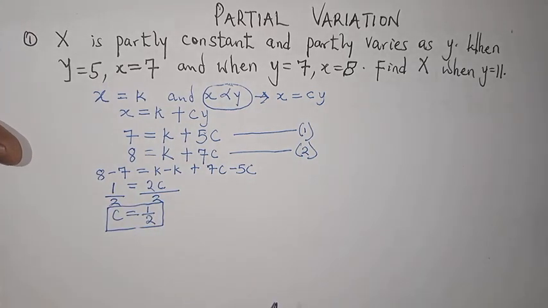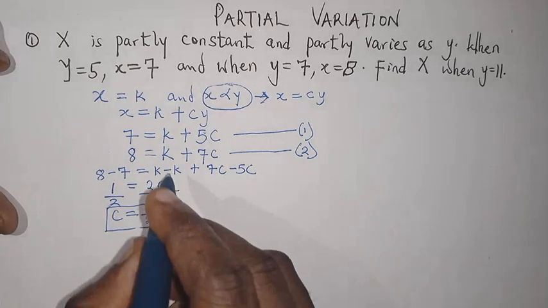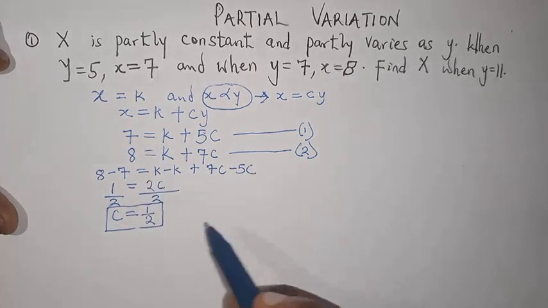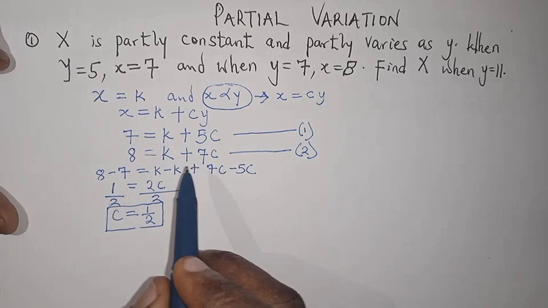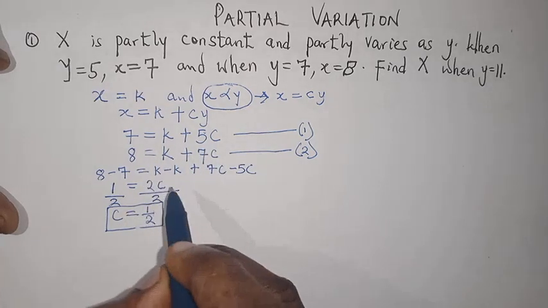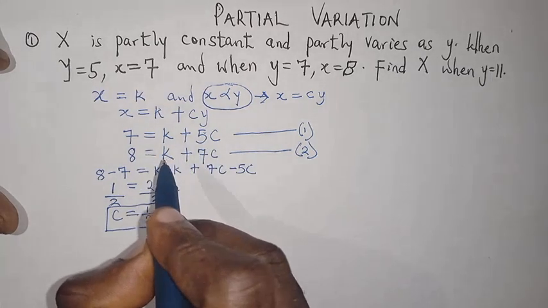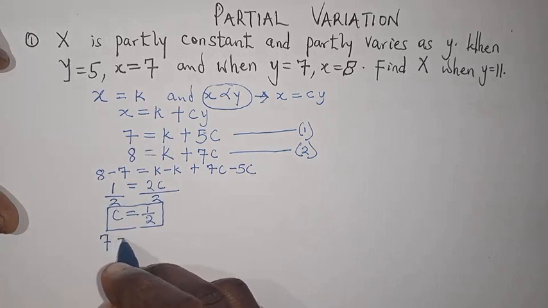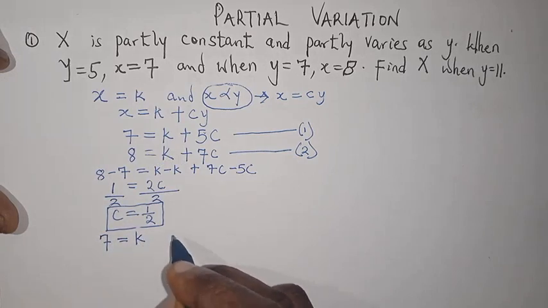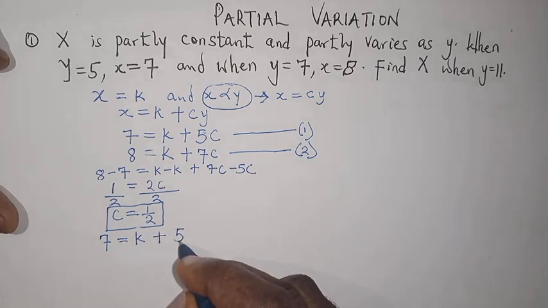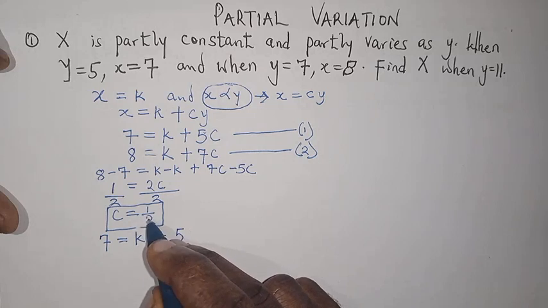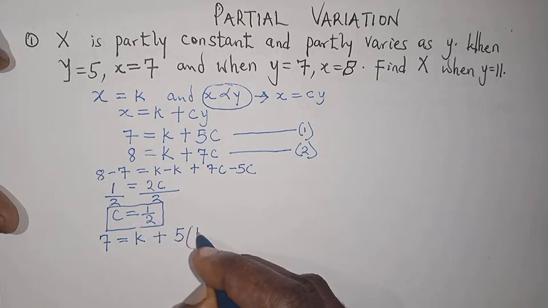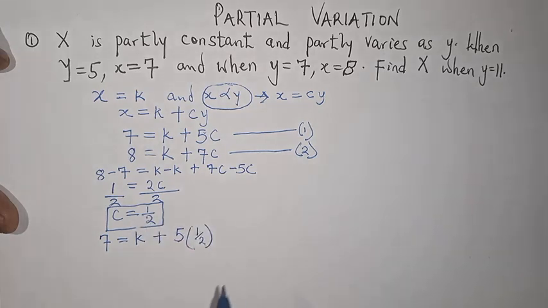Now we're going to try to get our value for k. So I can insert it into any of these equations. Let me pick equation 1. So 7 equals k plus 5c. Now this time I'm not going to write c, rather I would put the value for c, which is 1 over 2.